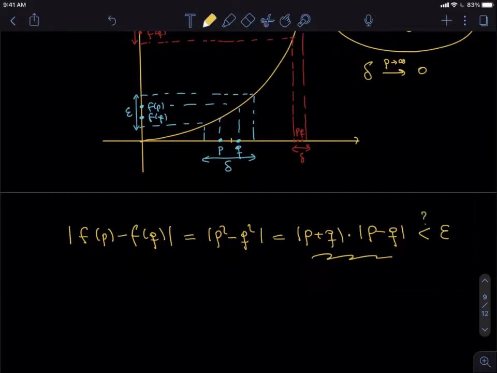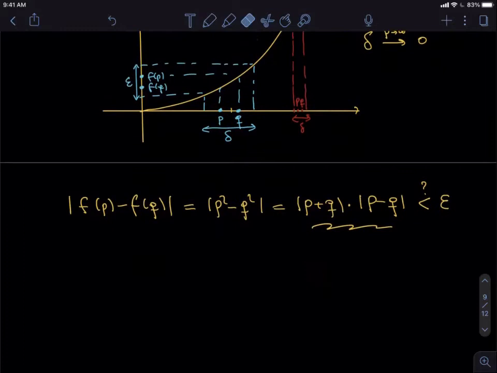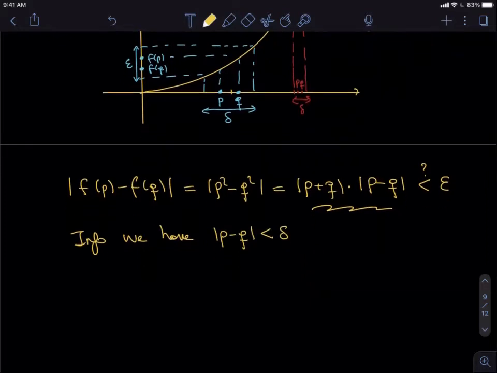But we don't just go ahead and say that. We are going to find epsilon along the way, okay? So here the info we have is that p minus q in absolute value is less than delta, and we want to show that that implies that this f p minus f q is less than epsilon.